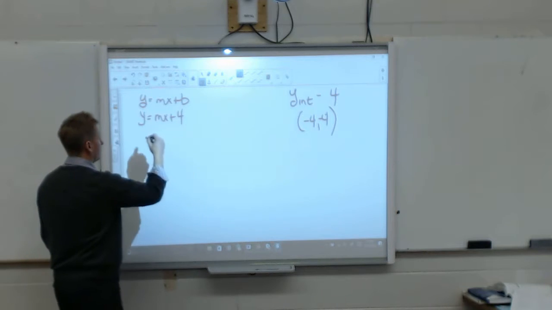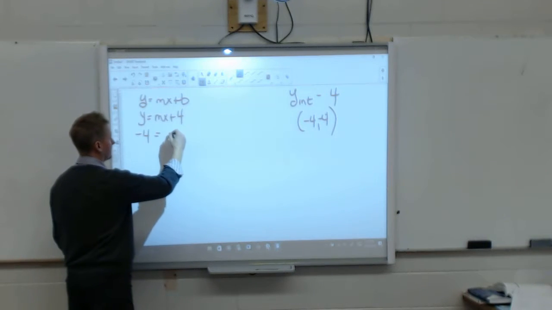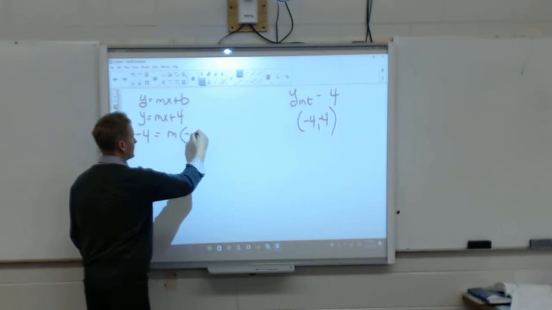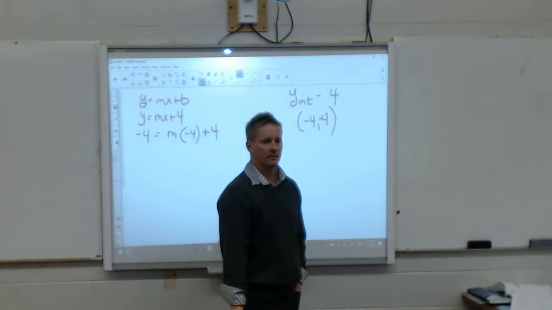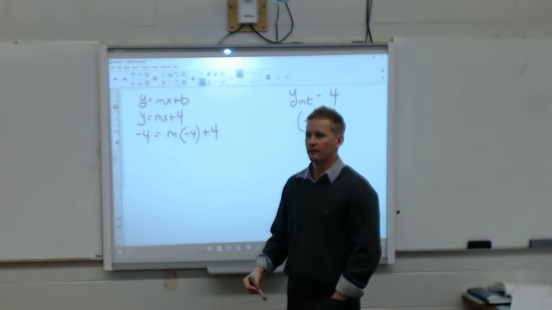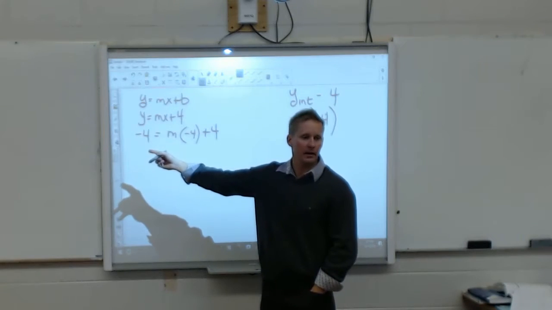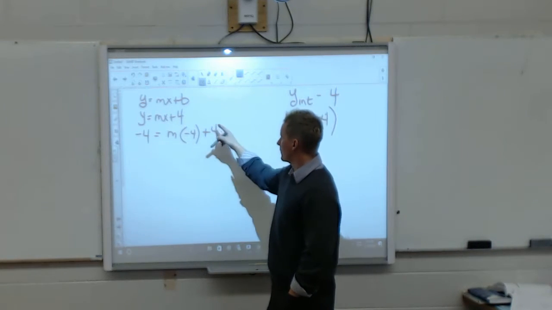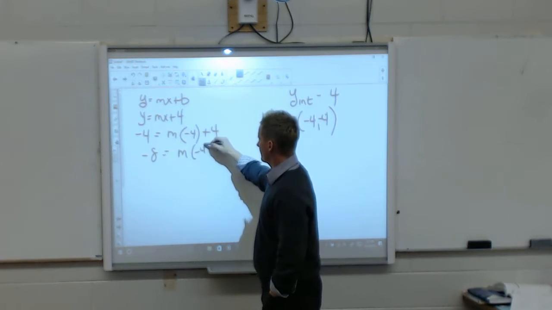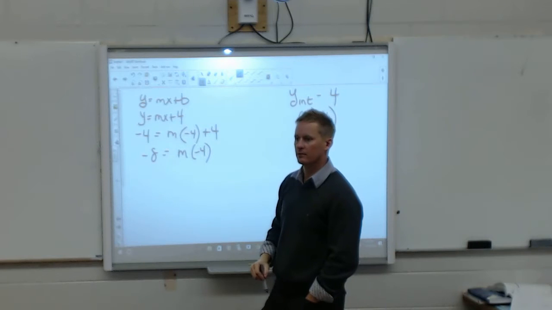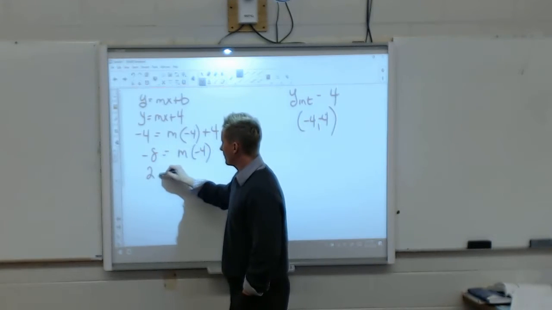I could put -4 in for y, -4 into x, and I could solve it and find it, right? Because I have another coordinate on the line. So I subtract that, that gives me -8. Then divide by -4.